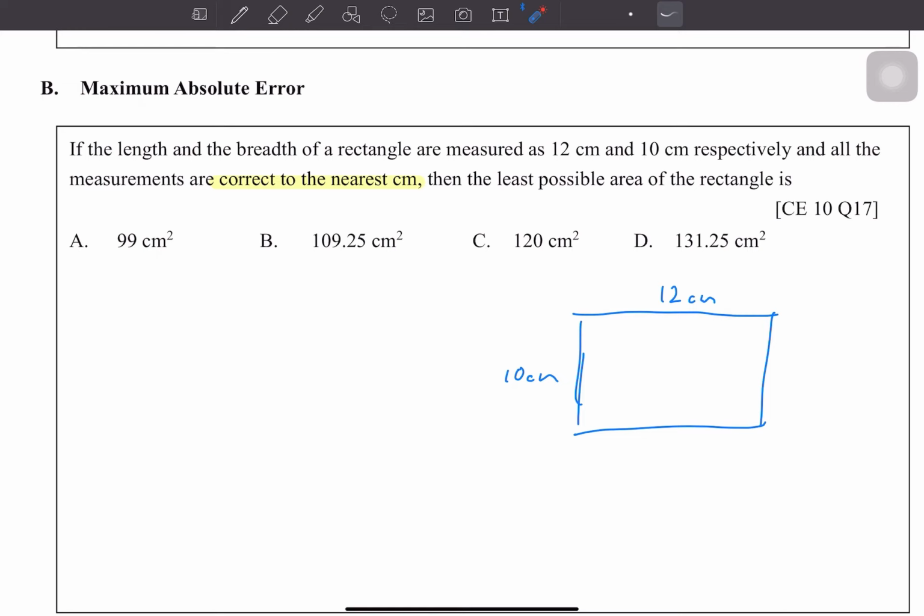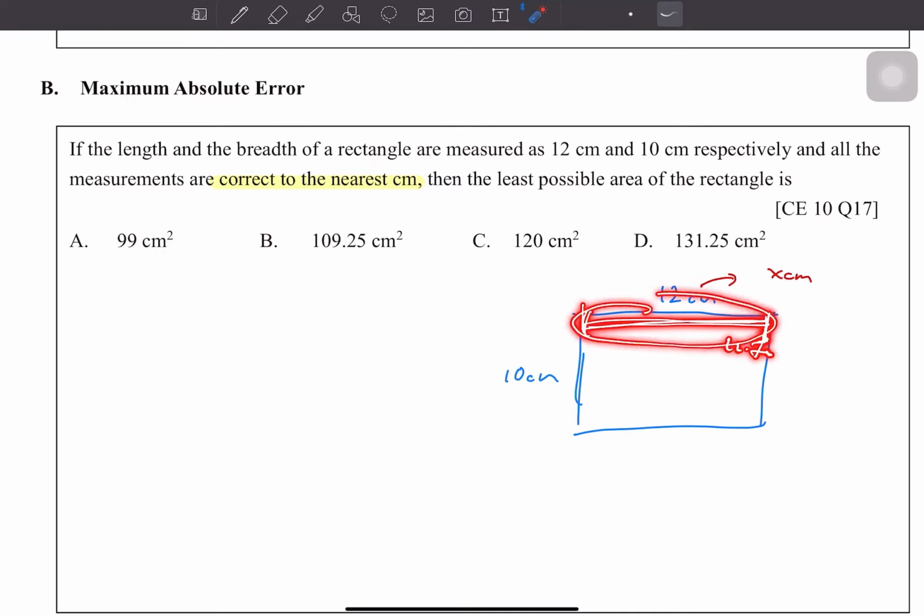In this case, if the actual length is x cm, because I do not know the actual length, we have a range. For example, maybe this is 11.9, maybe 11.8, maybe 11.7. You will also round off to the nearest cm, so your answer is 12.